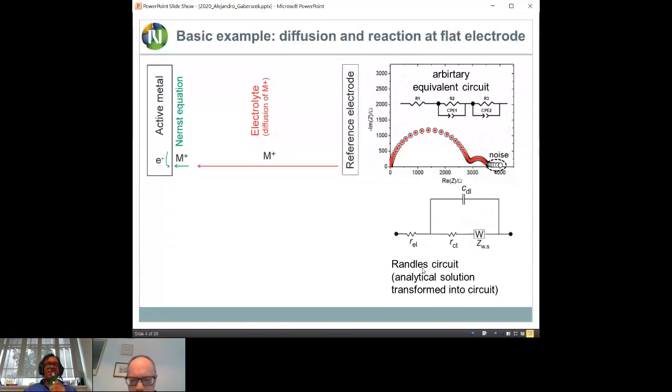The Randles circuit is created so that you use governing equations and solve them, then you look at the solution and recognize these kinds of elements in it, and then you plot your equivalent circuit. So this equivalent circuit is constructed based on the analytical solution.